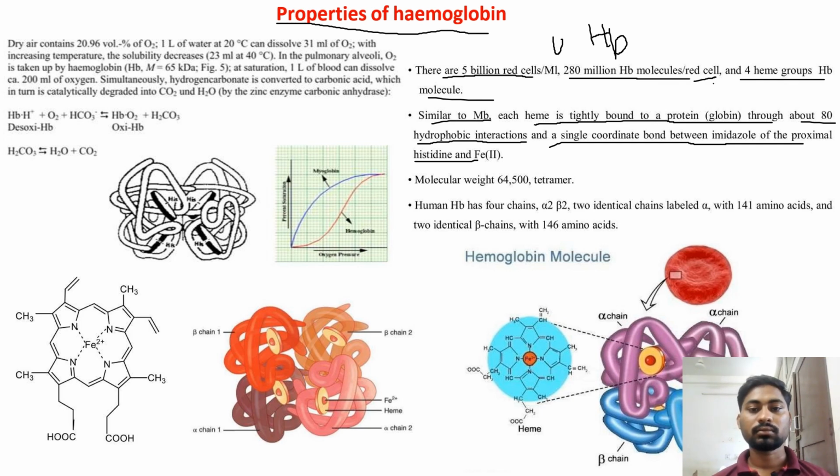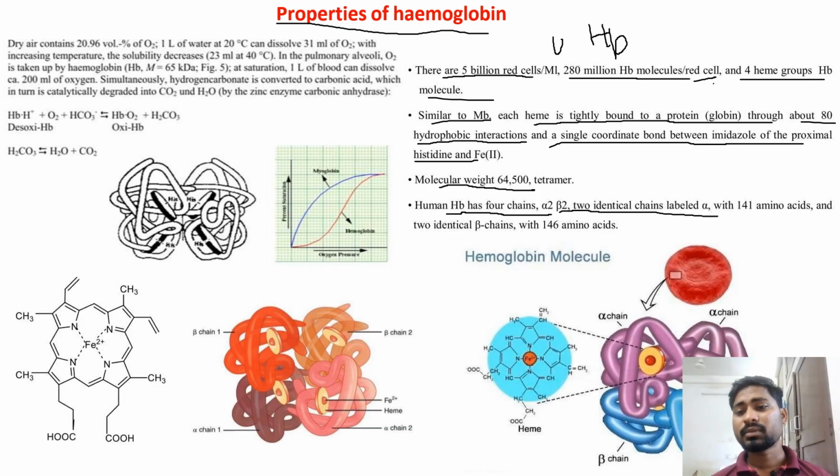The molecular weight of hemoglobin is 64,500, a tetramer, and hemoglobin has four chains: two alpha and two beta.